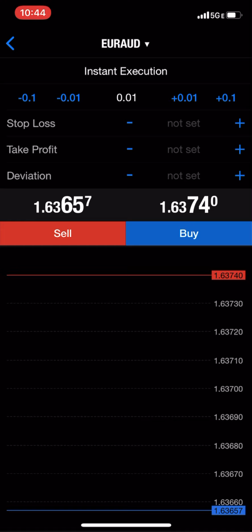It may be a better buying price, or a slightly worse buying price, because the market is constantly in motion, except during the weekend.